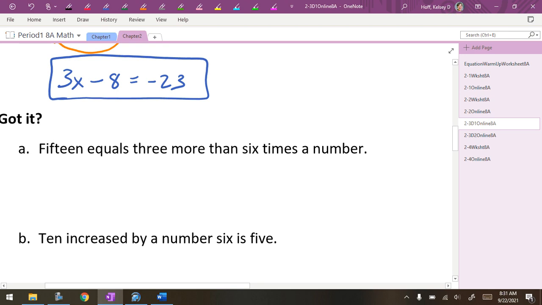Underline all the words that mean math operations and write that equation on your own, and then I will call on someone.